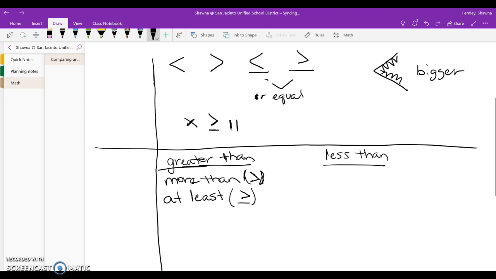And let's see, up to? No, up to is going to be less than. There's tons more, obviously, but you can add on to this as you go along. These are some of the most common ones. We've got at least, fewer than.